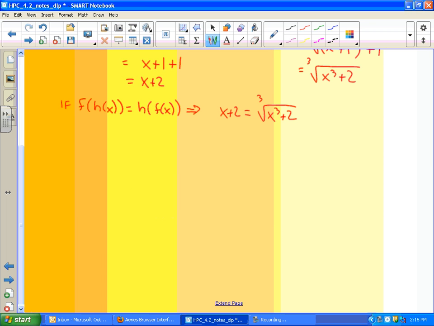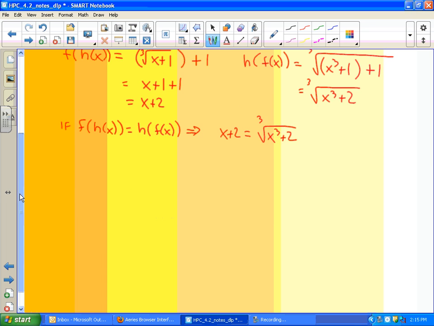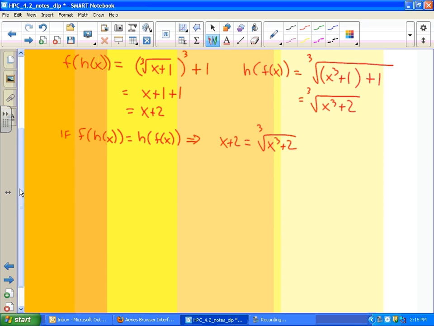What we're trying to do is find out what the value of x would have to be for these two to be the same. And we're going to do a converse thing. So if I want to undo this cube root, I have to cube both sides.